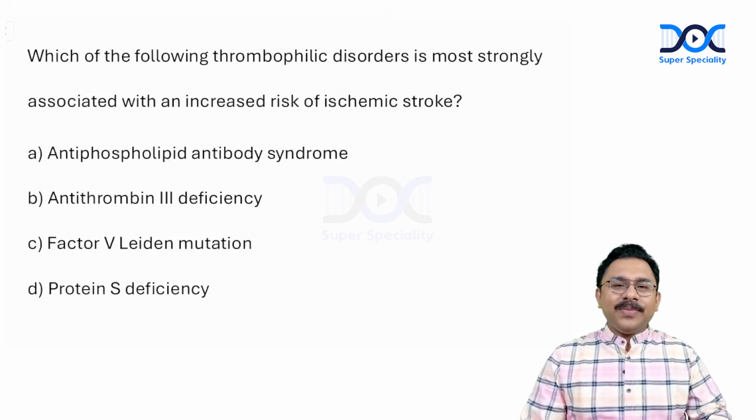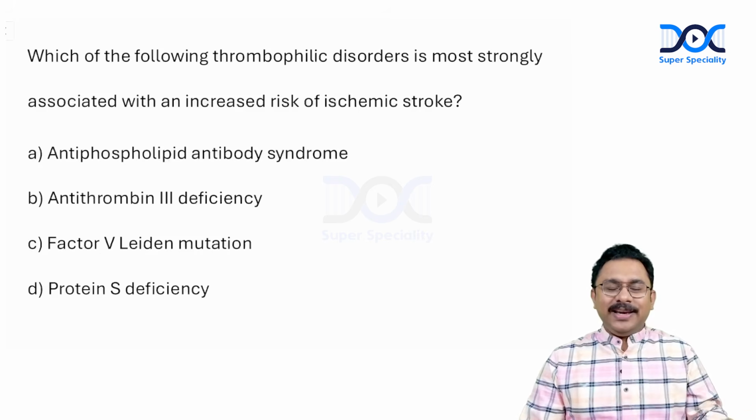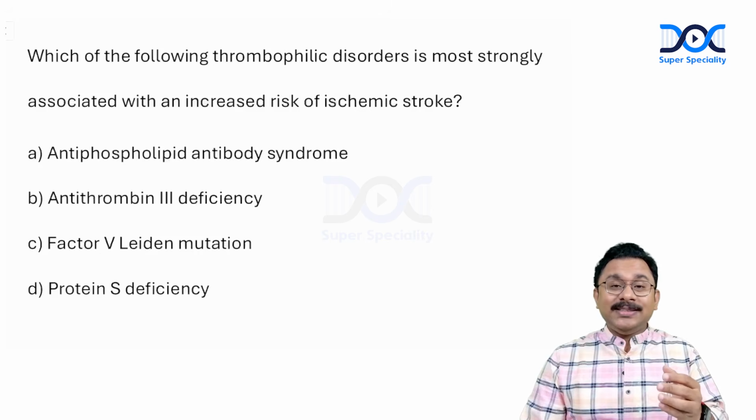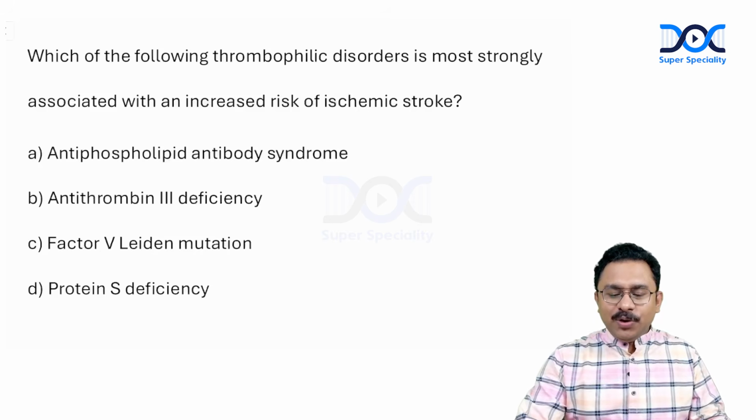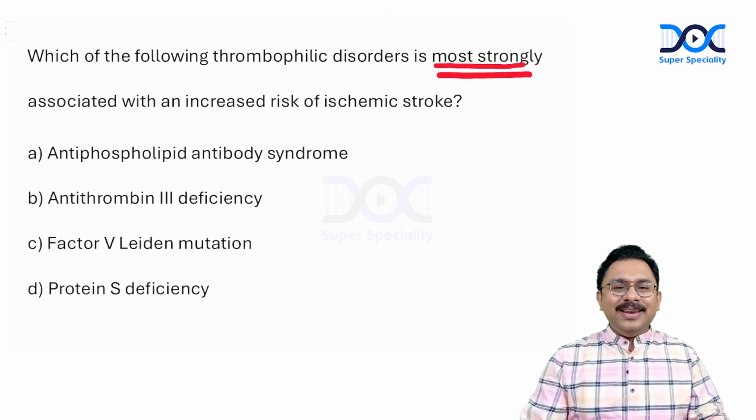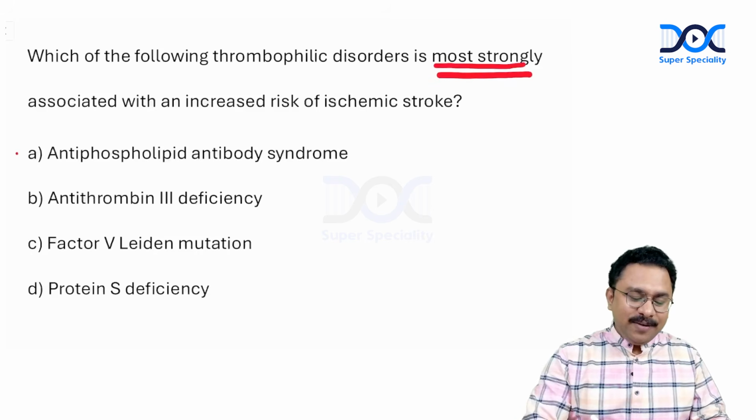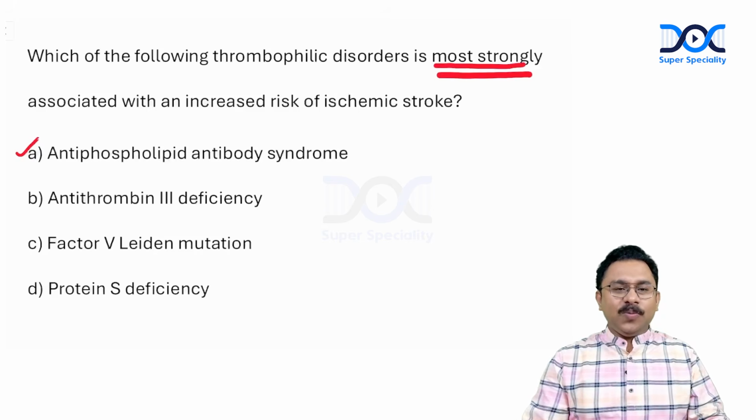All four are hypercoagulable states. The first option is an acquired hypercoagulable state. The remaining options are inherited hypercoagulable states. So which do you think is most strongly associated with increased risk of ischemic stroke? It is antiphospholipid antibody syndrome.